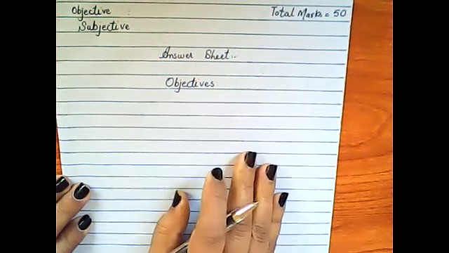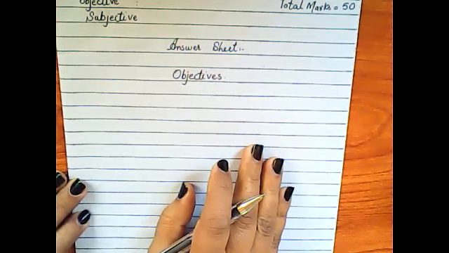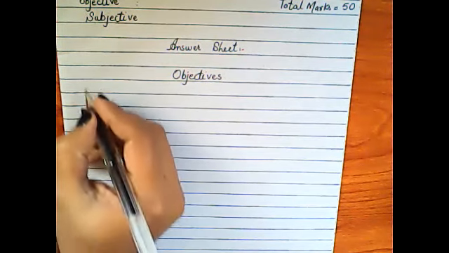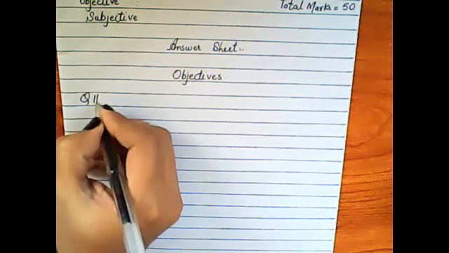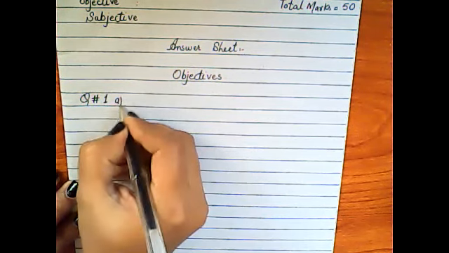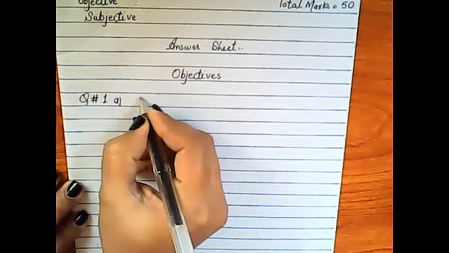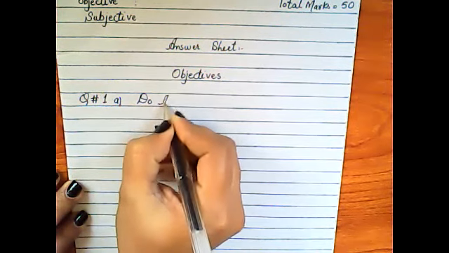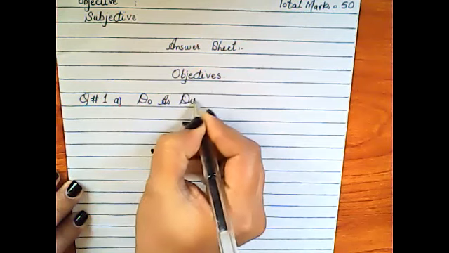Your objective section will comprise only one question, but question one may have two parts. In part A you have a question, do as directed.